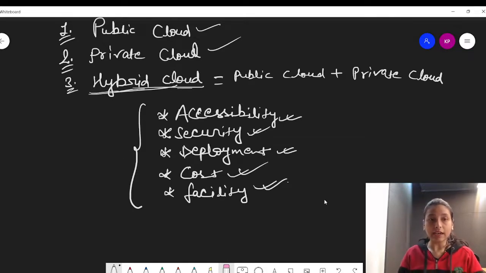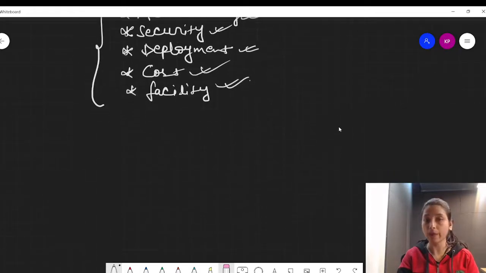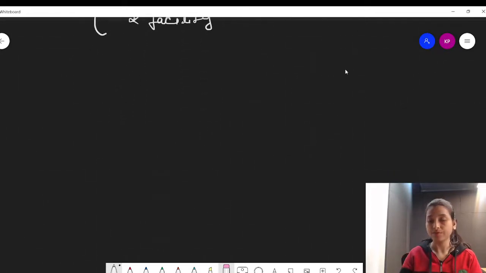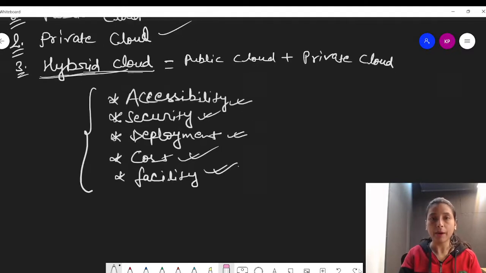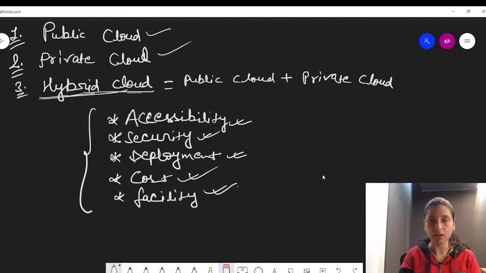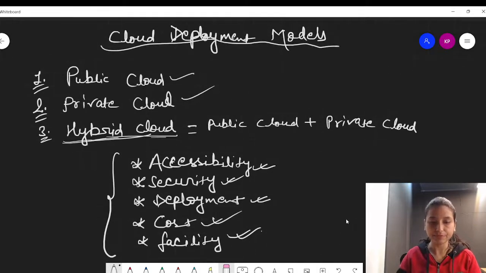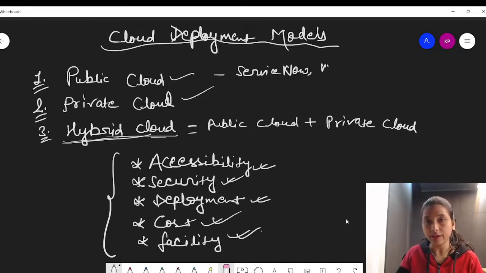Now let's look at the companies who are using public cloud, private cloud and hybrid cloud. So first of all, companies who are using public cloud, I'll be writing here only. There are companies such as ServiceNow, VMware, Microsoft.